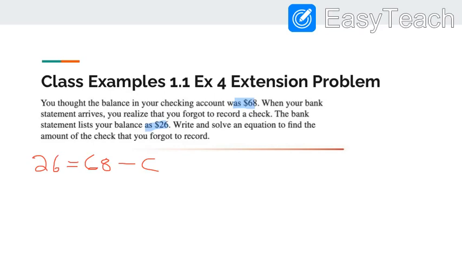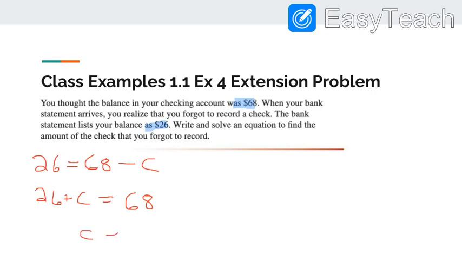You can actually do this in a few different ways. I would probably rearrange it like this. I would say let's do plus the C, so we would get 26 plus C equals 68. Then subtract the 26.